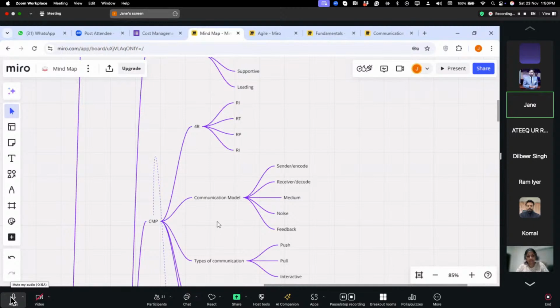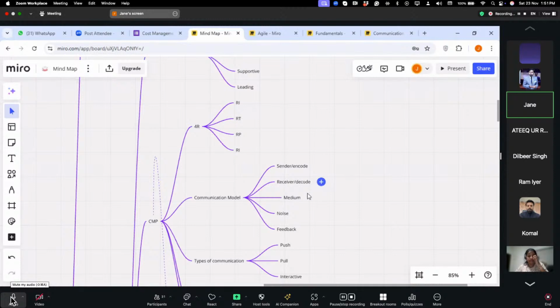And the communication model has a sender where the information is encoded, and it is sent through a medium, which can be Zoom or Teams, and it goes to the receiver where the information is decoded.